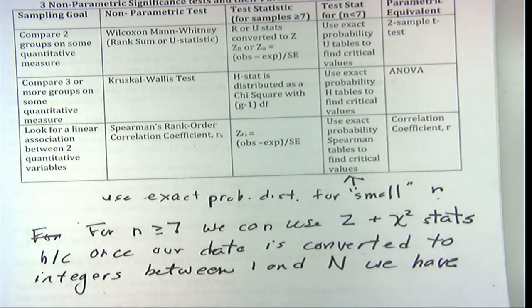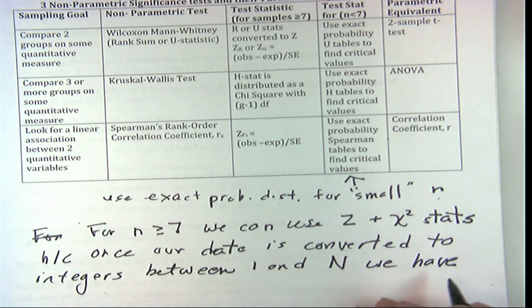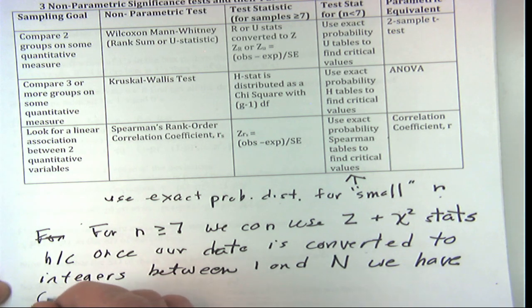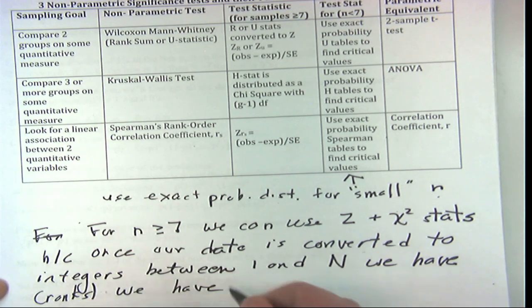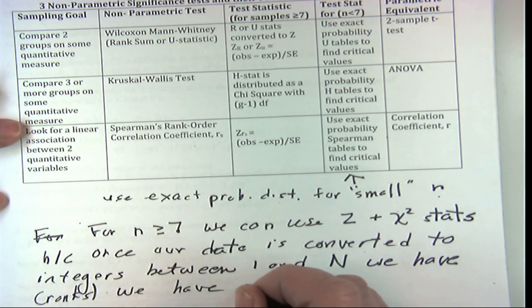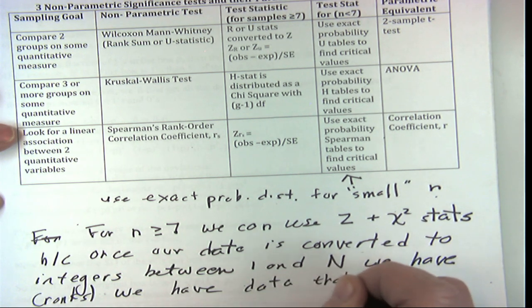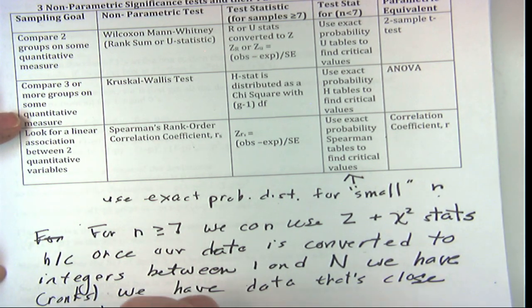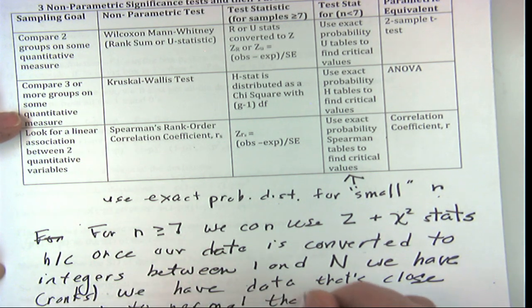If you have a very skewed distribution, we have this beautiful, close to normal, regular distribution. Because once it's converted to integers, once it's converted to ranks, we have data in the ranks that's close enough to normal that the central limit theorem kicks in really quickly.